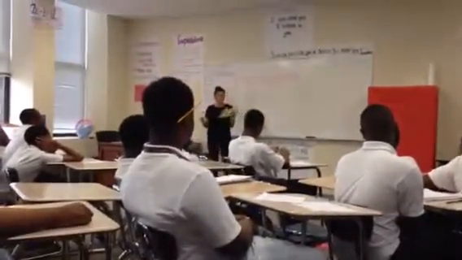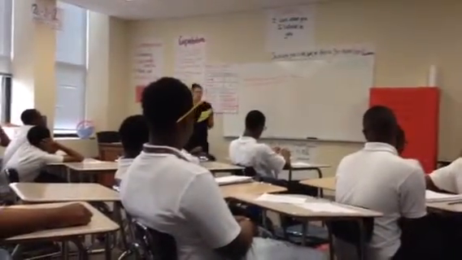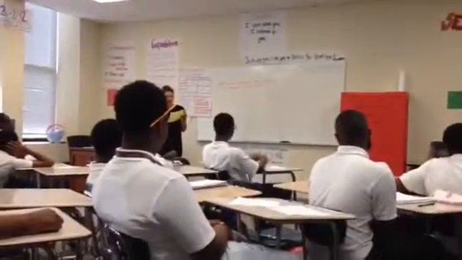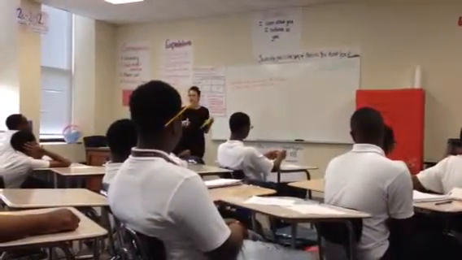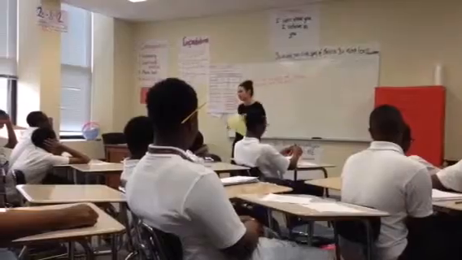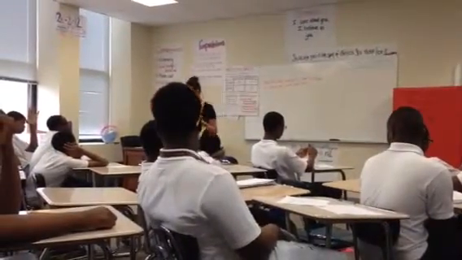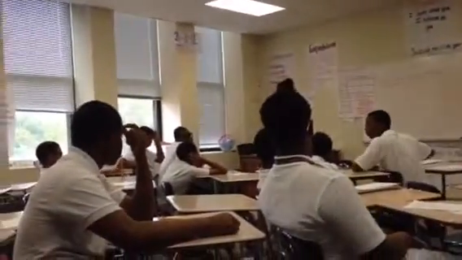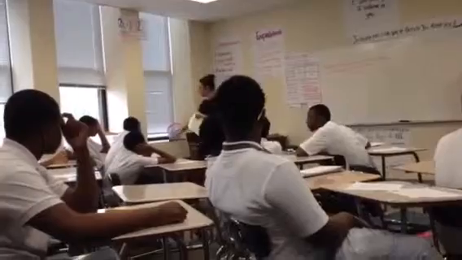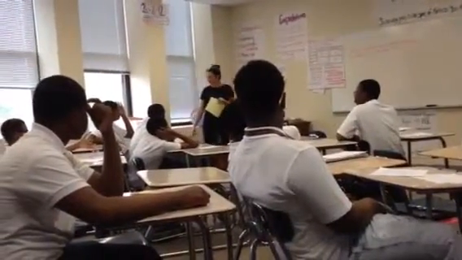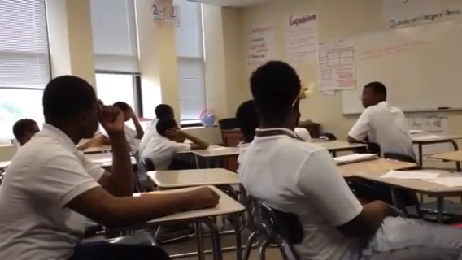So the first thing I'm going to tell you, like terms. What are like terms? Like terms have the exact same variables. Who can tell me what a variable is? A letter. What does the letter do? It represents a number that's unknown. Perfect.